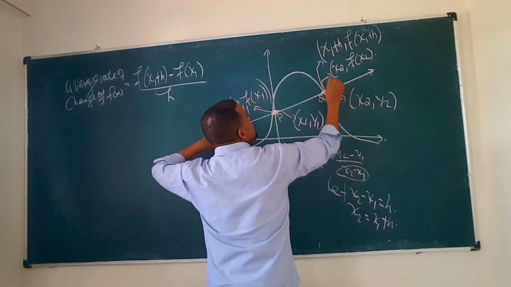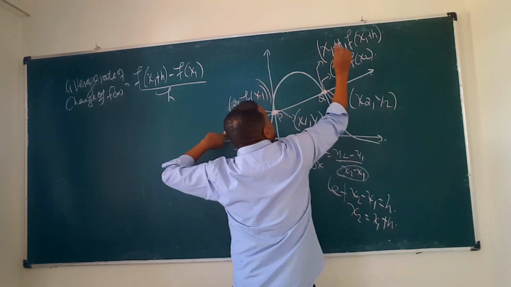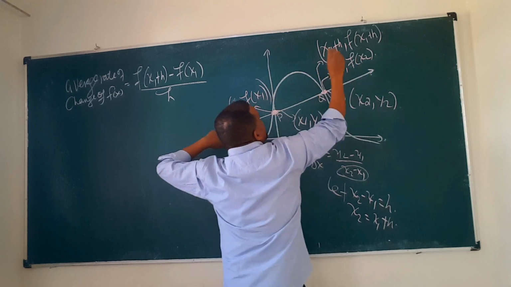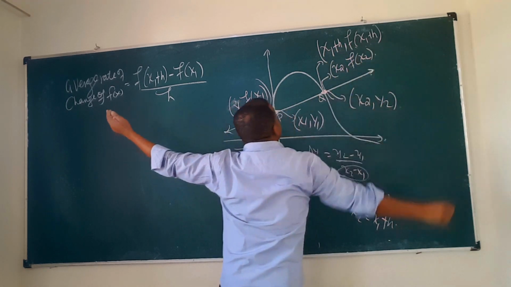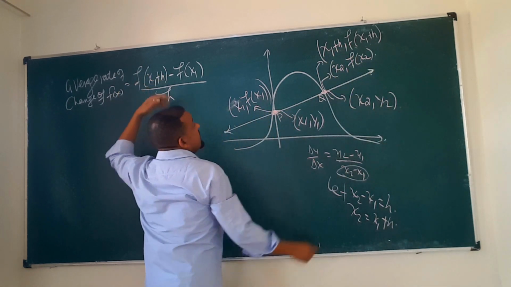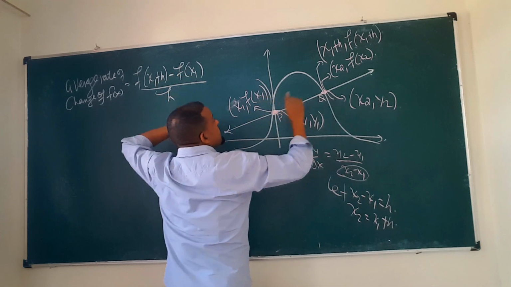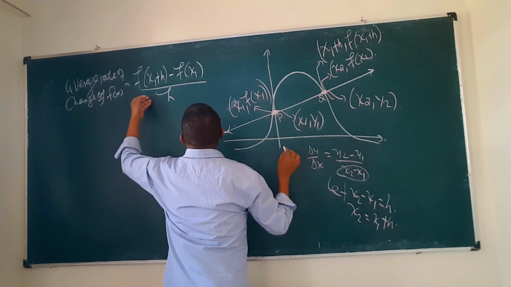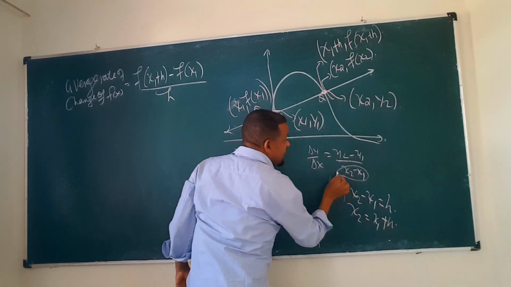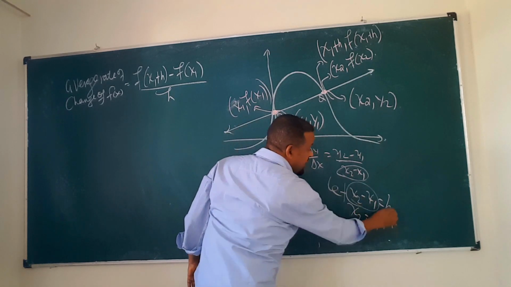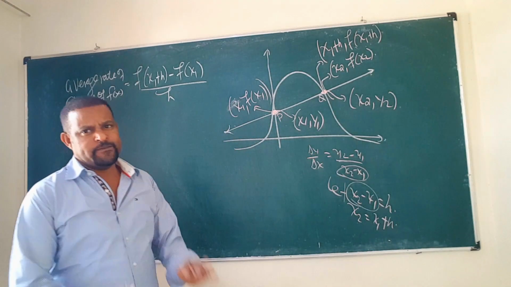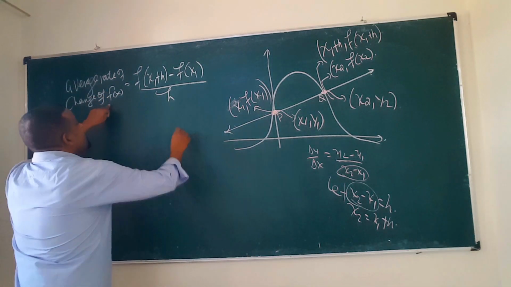That means y2 minus y1 over x2 minus x1. y2 ማለት f of x1 plus h and y1 ማለት f of x1. x2 minus x1 ደግሞ ምን ብለናል? h ብለናል። Good. ይሄ ምንድን ነው?